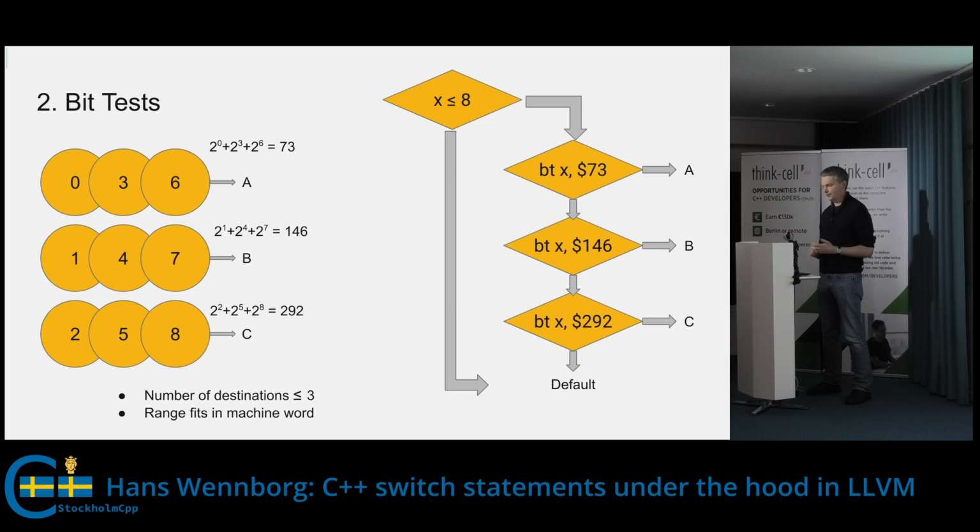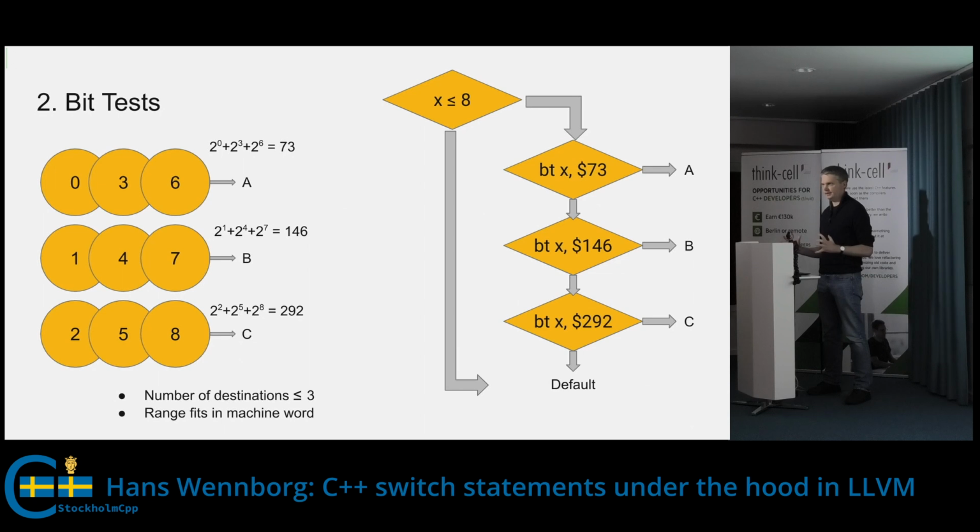So in this example, for the first one, we create a bit mask for cases 0, 3, and 6 by creating a constant that has the 0th, 3rd, and 6th bit set. So that's 73 in decimal. And then we generate a bit test instruction to check if bit number X in that mask is set, and if so, we jump to the A label. And we do the same thing for the other cases.